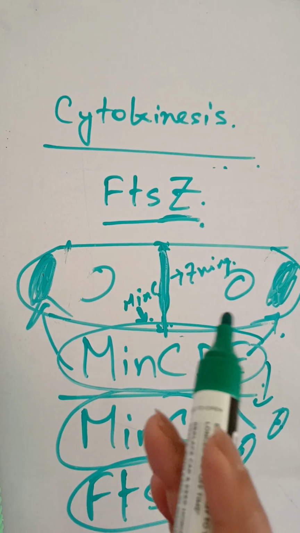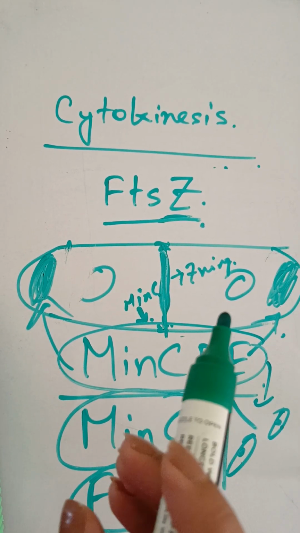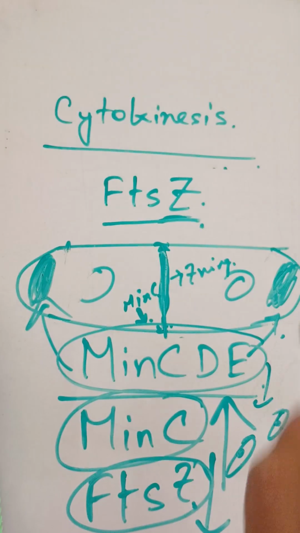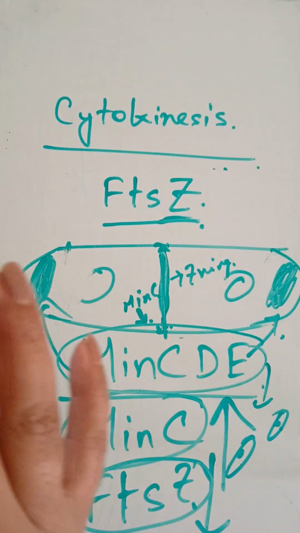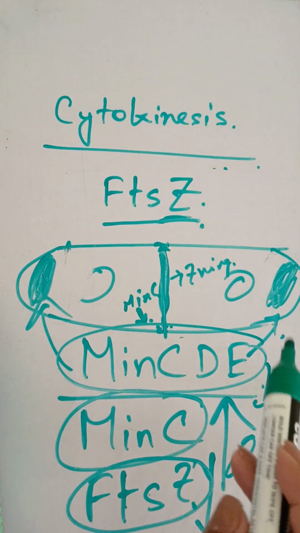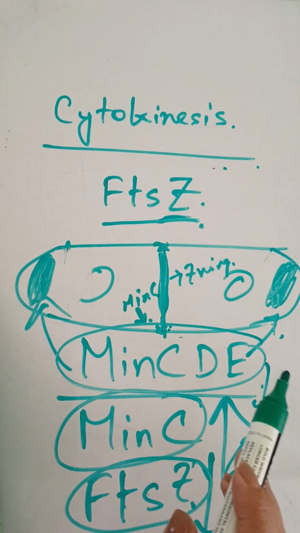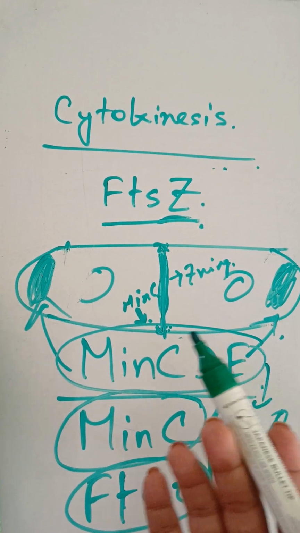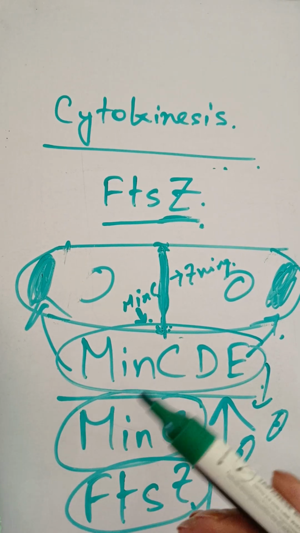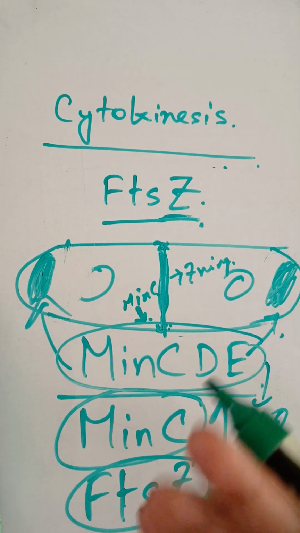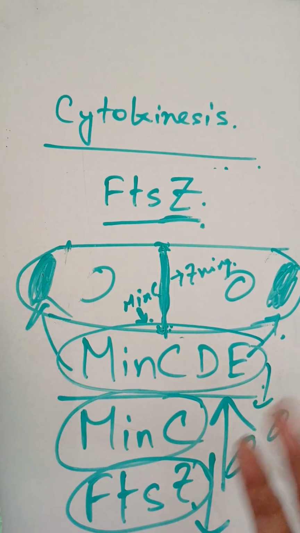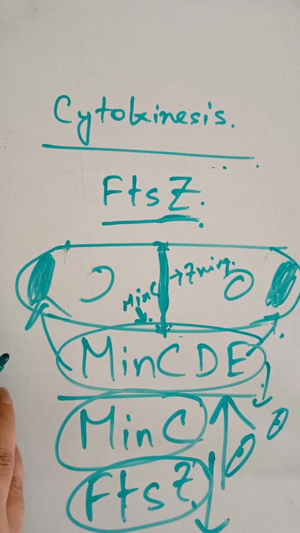In case of E. coli, usually this whole process, starting from the cell elongation up to the progeny bacterial cell formation, is a very fast process because E. coli can grow at a very high rate in a medium.